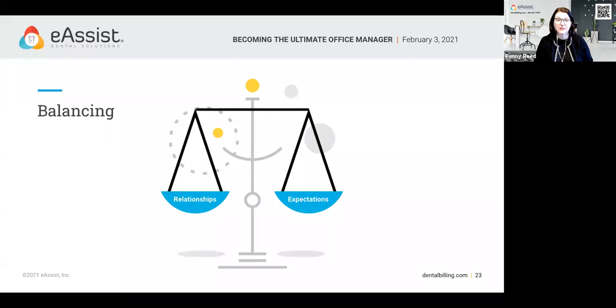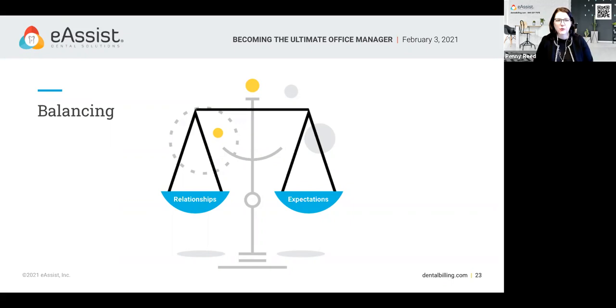Some of the biggest dysfunctions between a dental practice and the patient are related to balancing relationships and expectations. So we have to be careful when we are setting the expectation for patients and communicating that we're preserving that relationship.